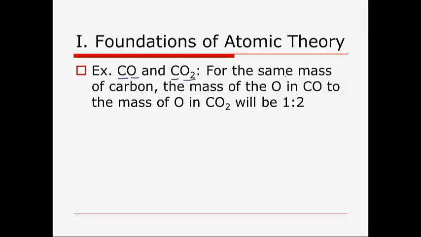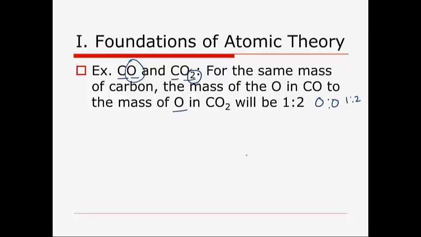Okay. So for the same mass of carbon, the mass of oxygen in CO to the mass of the oxygens in CO2 will be in a 1:2 ratio. In other words, the O to O ratio is going to be 1:2. And you say, oh, well, that's pretty obvious because there's only one oxygen here and two oxygens there.